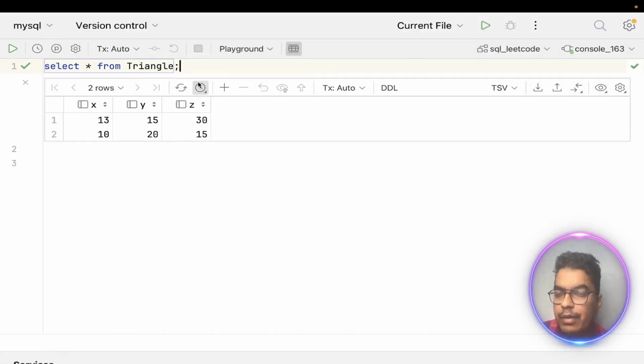I am in the data grid. I have already created this table triangle and also inserted the data.